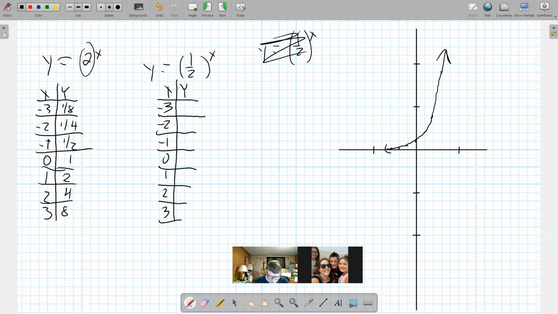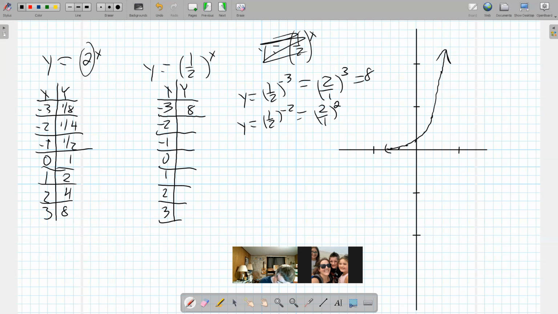If x is -3, we'd have y equals 1/2 to the -3 power, which is the reciprocal raised to the +3 power, which is 8. If x is -2, y equals 1/2 to the -2 power, which is 2/1 to the +2, which is 4. Y equals 1/2 to the -1 power is 2/1 to the +1 power, which is 2.